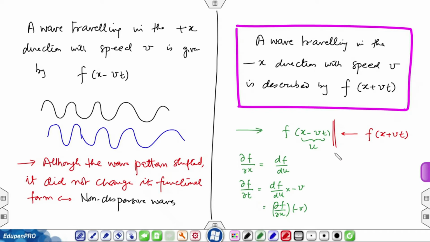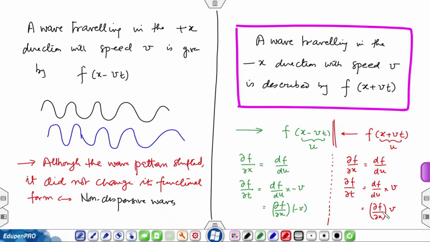Similarly, for the wave traveling to the left, if I call this x plus vt as u, I have partial f partial x equals df/du, and partial f partial t equals df/du times v, which is equal to partial f partial x times v.